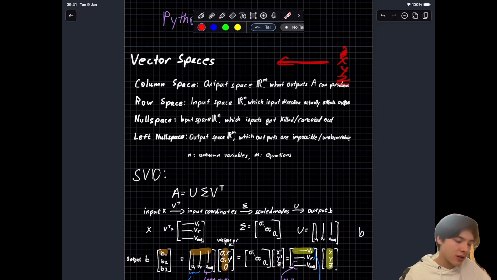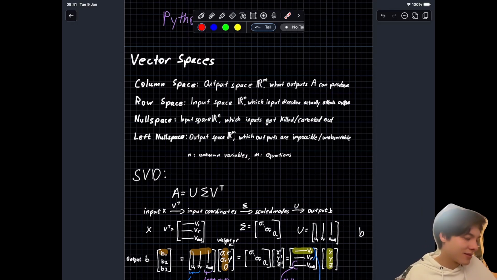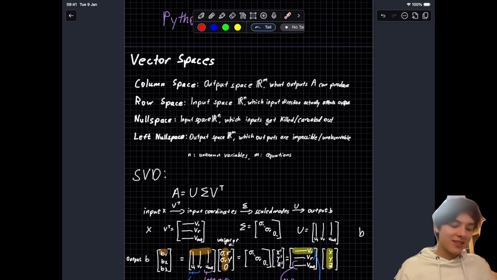So it's the size of the column. And row space is the size of row, right? How many functions we had, whatever equations we had. So it's input space, which input direction actually affects outputs.